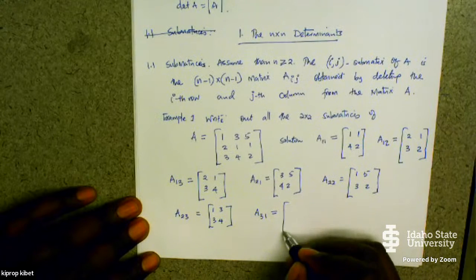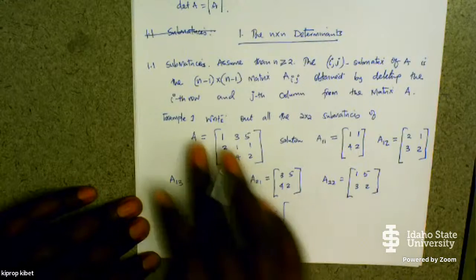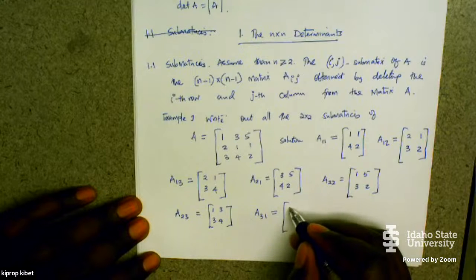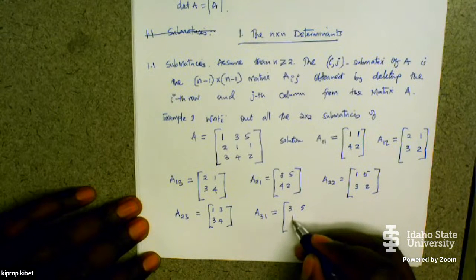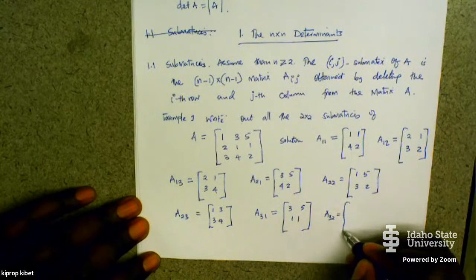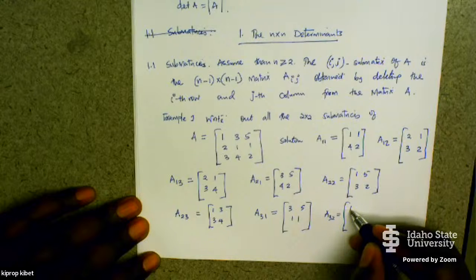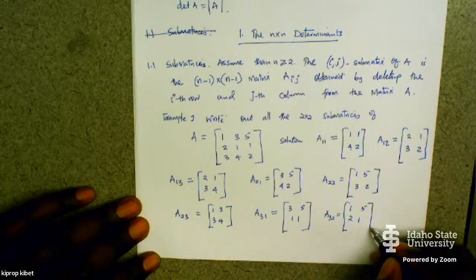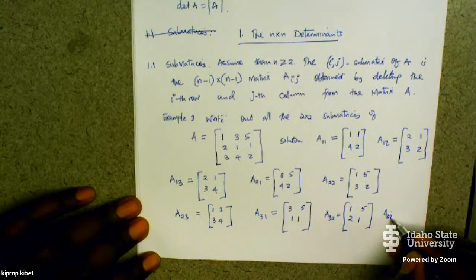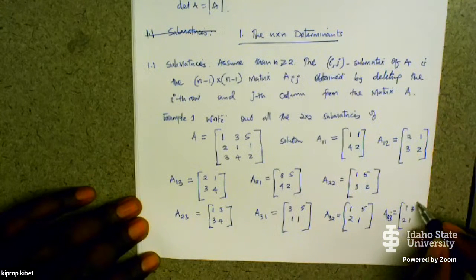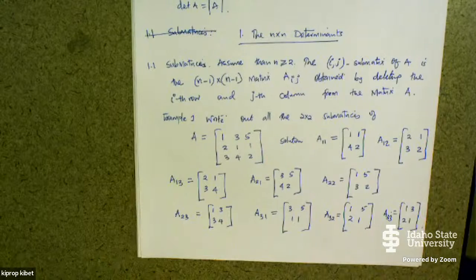We delete the third row and the first column, which is 3, 5, 1, 1. A32, the same thing, 1, 5, and then 2, 1. And then finally A33 equals 1, 3, and then 2, 1. So those are the submatrices.